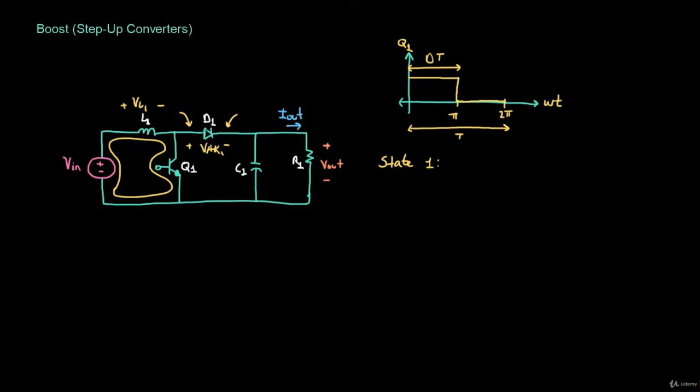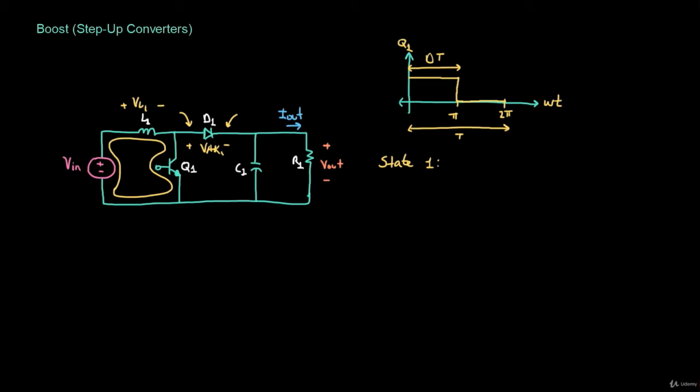Because the voltage on the anode of diode D1 would be Vn minus VL1, whatever that drop is across L1, and we know that Vn is lower than Vout. That means that VAK1, the voltage from anode to cathode on diode D1, has to be negative because Vout is greater than Vn.